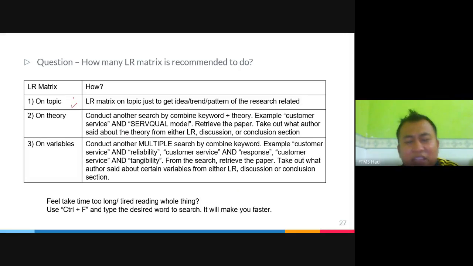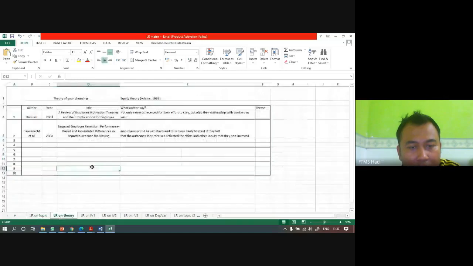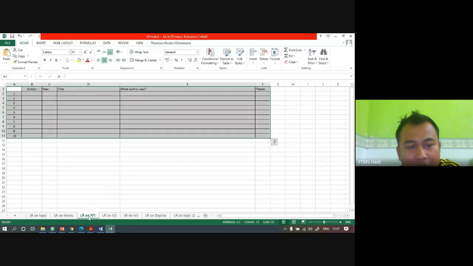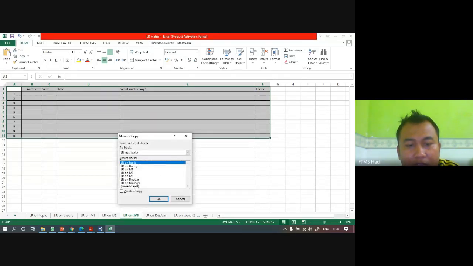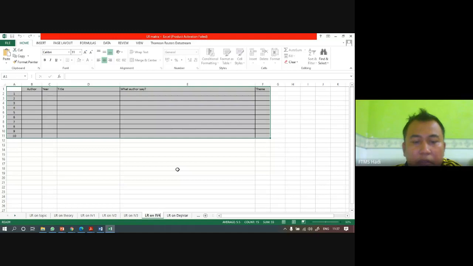Okay, in this Excel part, I have this one on topic, I provide you the template so you can do it on theory. Because if you're choosing any theory on independent variable 1, independent variable 2, independent variable 3, and if you have more than 3 independent variables, you just click move or copy, and then go to this one, create a copy, and then you can rename it as independent variable number 4.